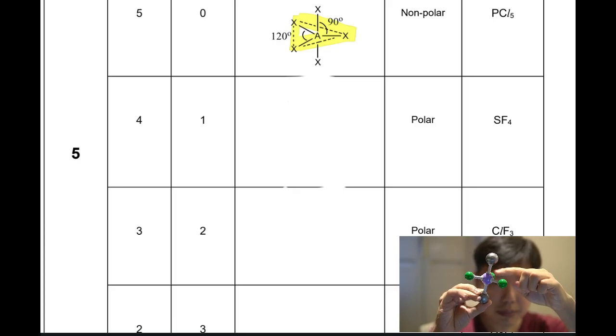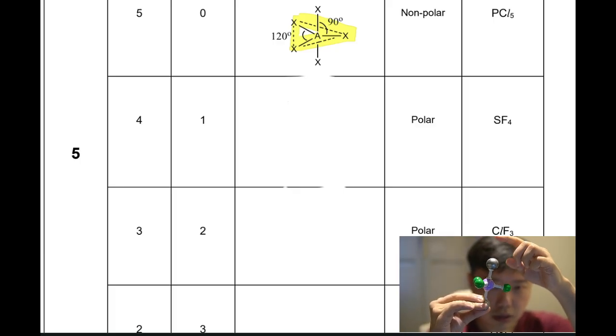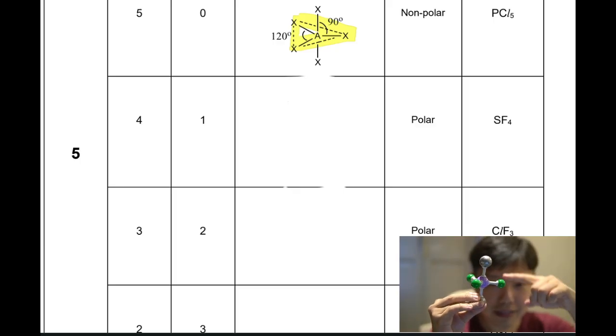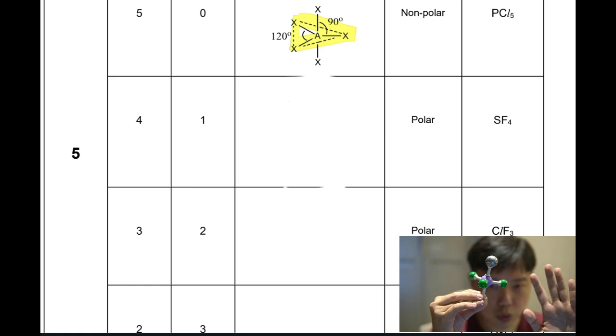So if we change this gray ball to a lone pair, you're going to have three lone pair bond pair repulsions at 90 degrees, which we don't want to have.